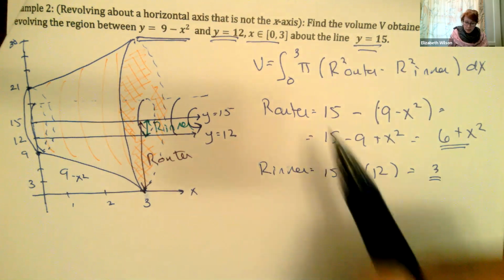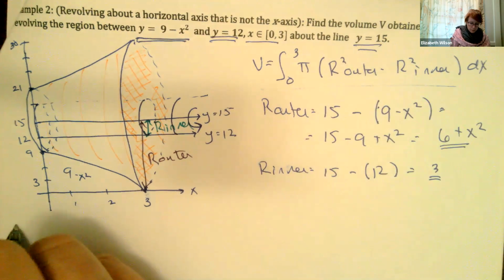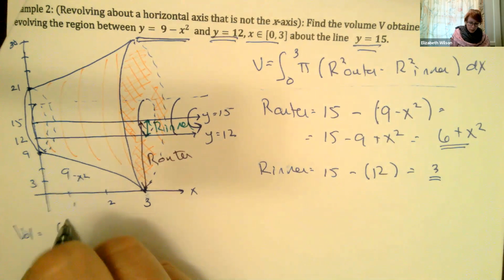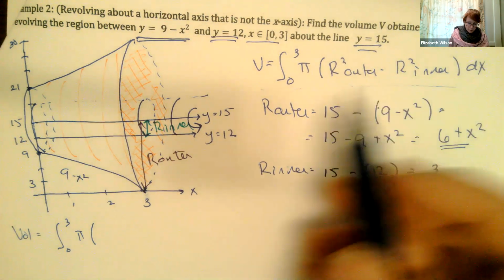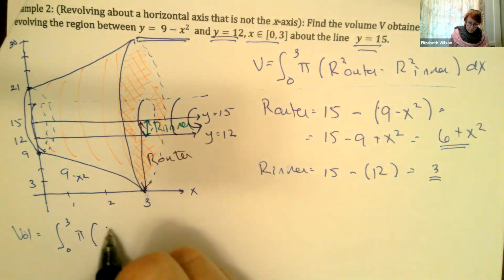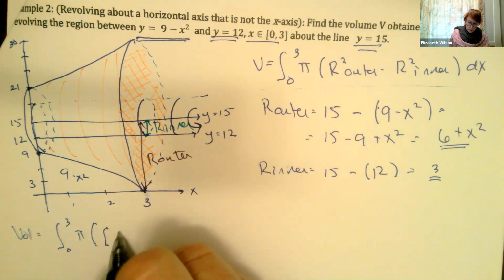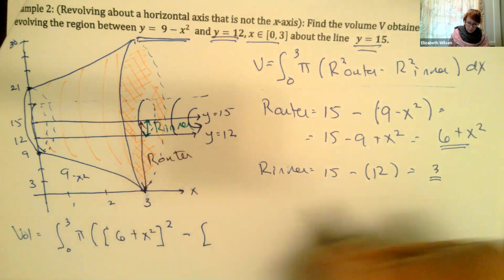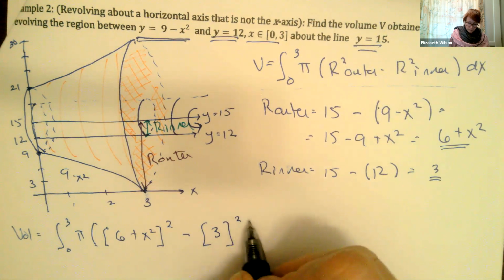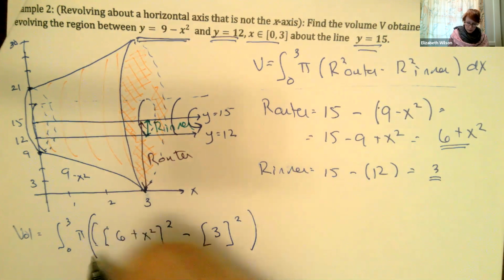All right, let's put it together into our volume equation. We're going to go from 0 to 3 of pi r squared minus pi r squared. So my first function is 6 plus x squared, squared, minus my inner 3 squared dx.